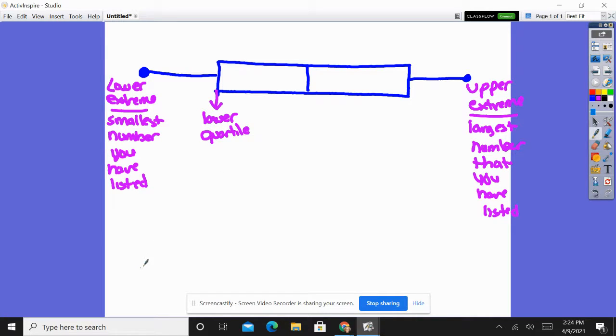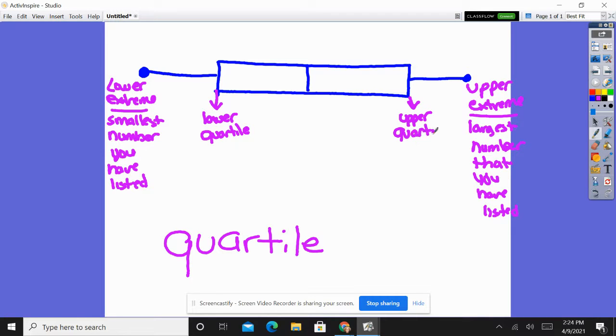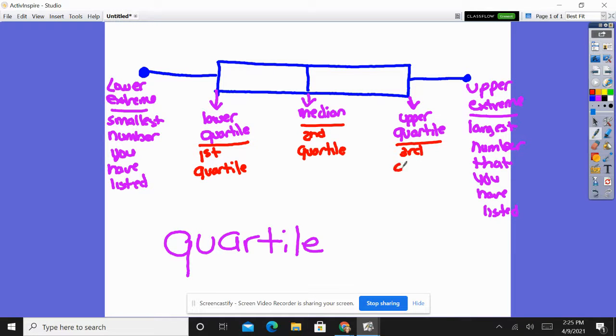And I'm going to show you quartile in big letters so you can make sure you get this. Lower quartile. And on this end, it's the upper quartile. And this guy in the middle is the median. And when I said it depended on who wrote the book, you may also see this as the first quartile, the second quartile, or the third quartile.